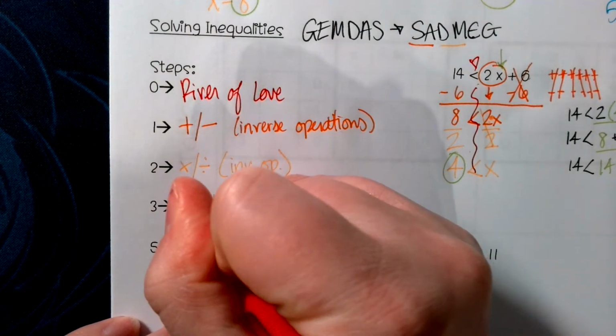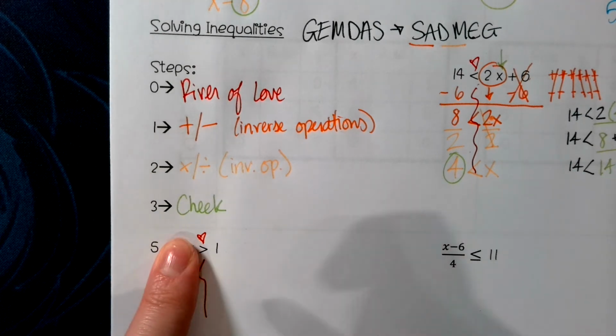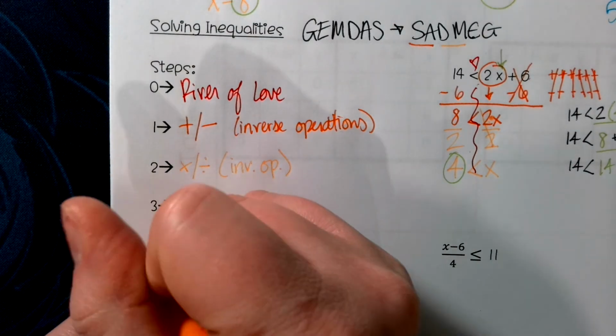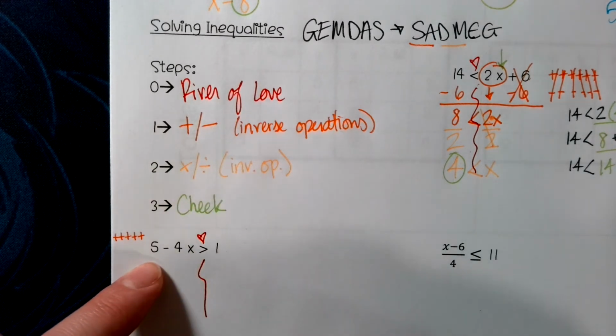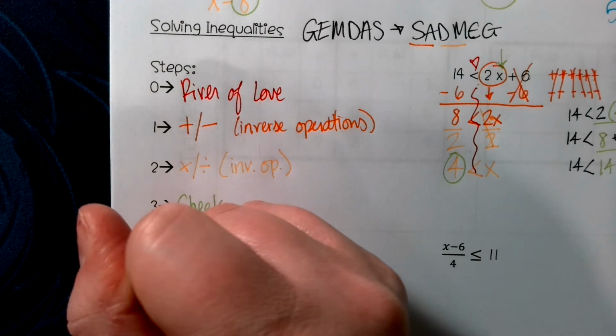So we draw a river of love. I need to add or subtract. Here, my 5 is positive. Yes, I'm subtracting 4x from it, but remember, I have 5 positives, and if I want to get that to go away, so I can get the x by itself, I need to give it 5 negatives.